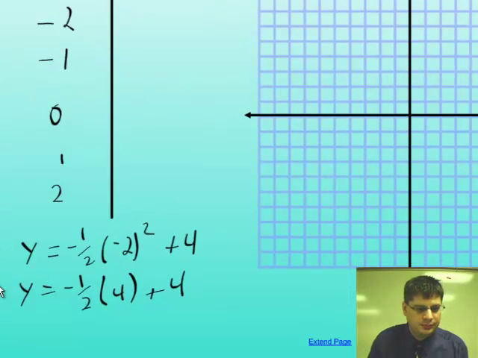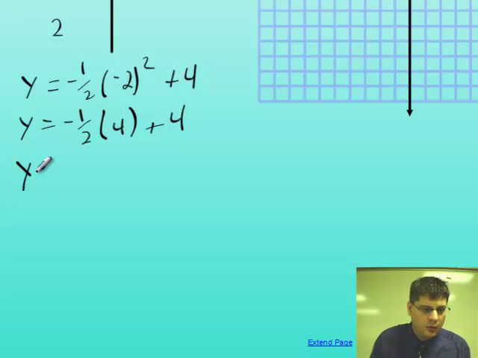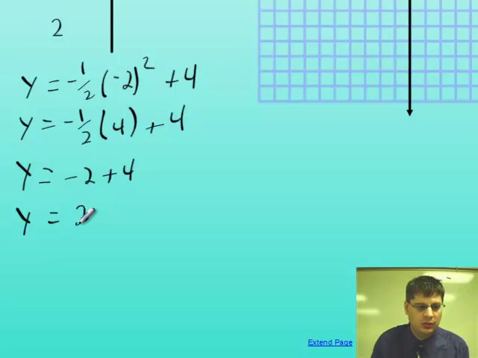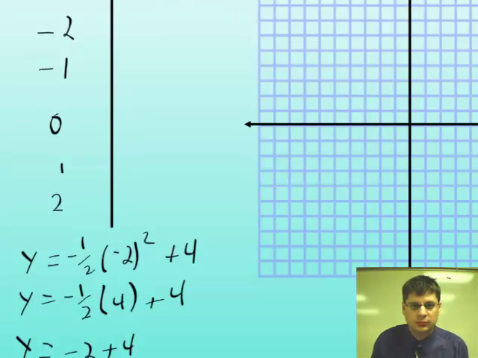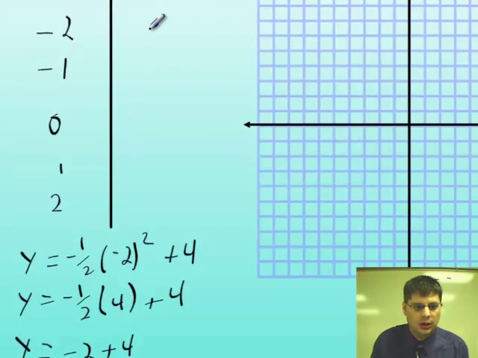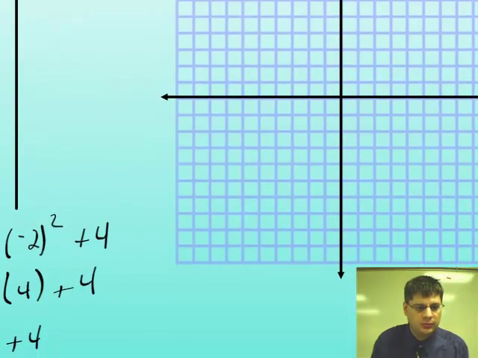Scrolling down, I can continue this. y is equal to negative 2 plus 4, and thus y is equal to 2. So I'd go back and fill that value out in my table, and we said that was going to be 2.